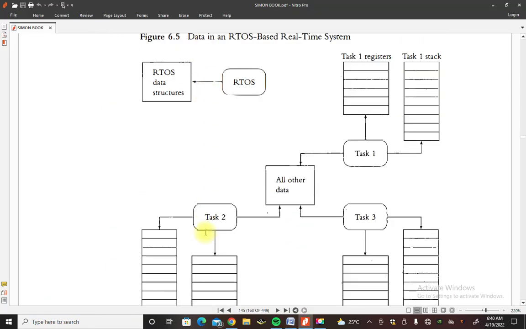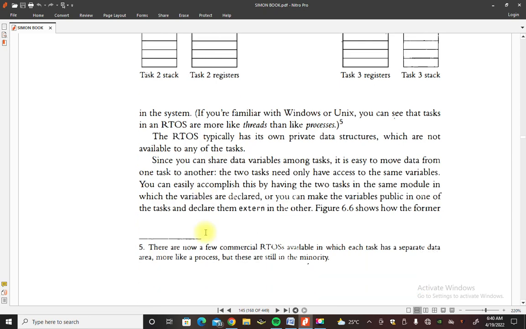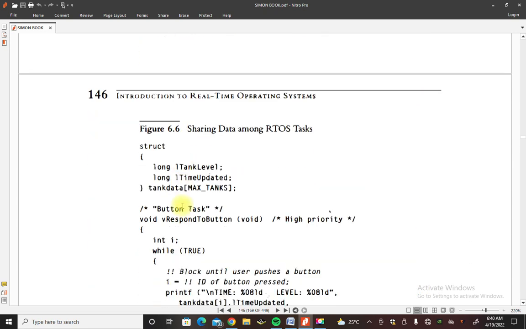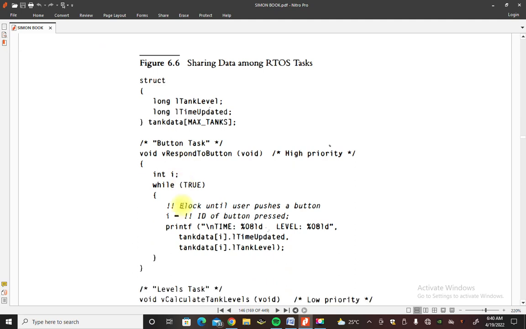Here, we see there is data sharing among real-time operating system tasks. For example, say we are looking at an underground tank monitoring system. There is a structure with the tank level and its corresponding time.